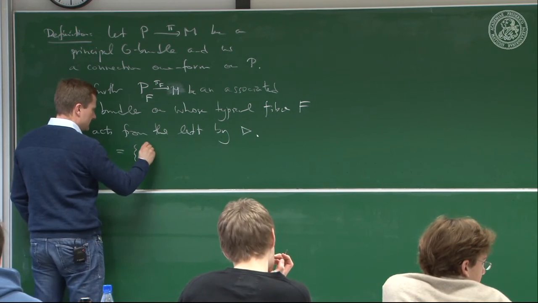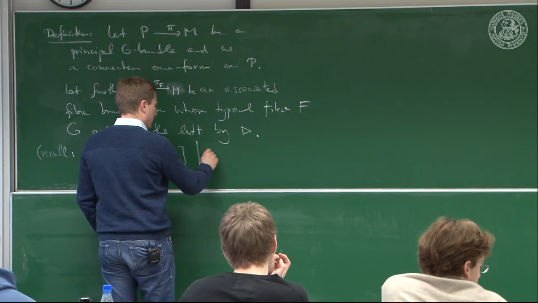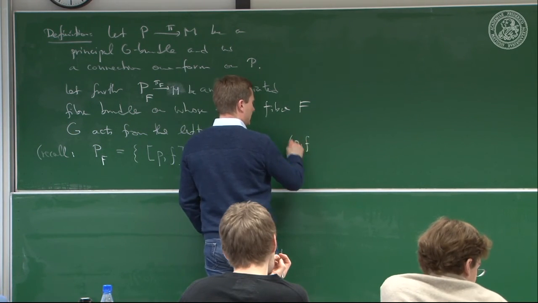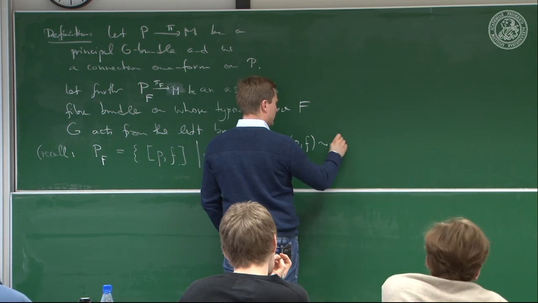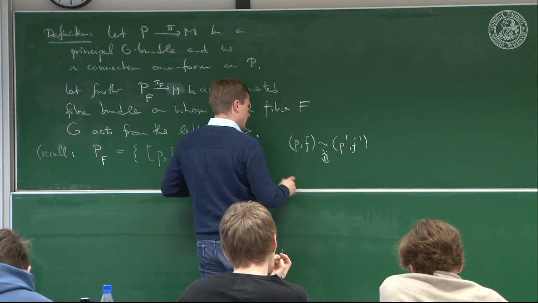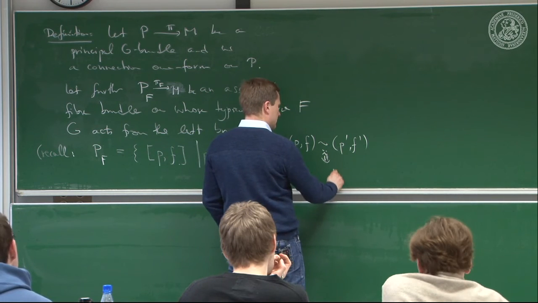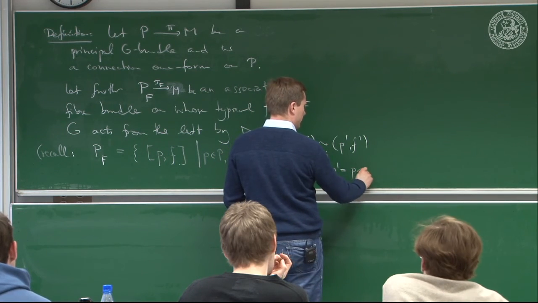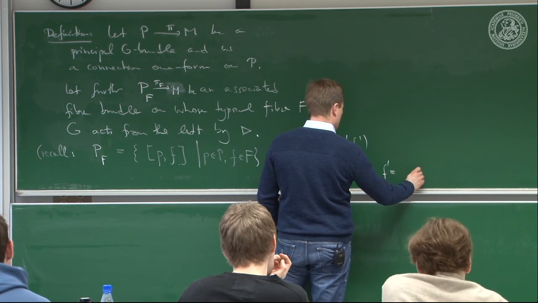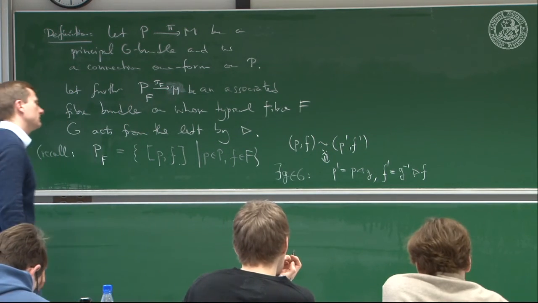This consisted of these equivalence classes P comma F, okay, for P in P and F in F, where a pair PF was declared to be equivalent to a pair P prime F prime by definition if there existed a G in the group such that P prime was obtained from P by the right action of G, and F prime was obtained from the F by left action of the inverse of the G, right?